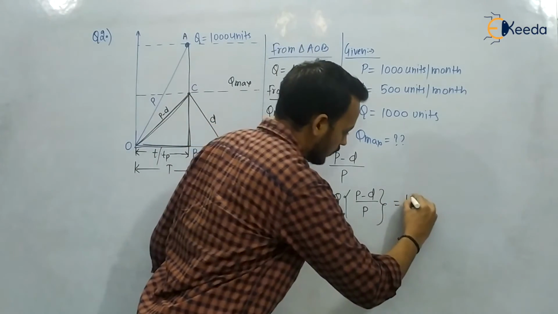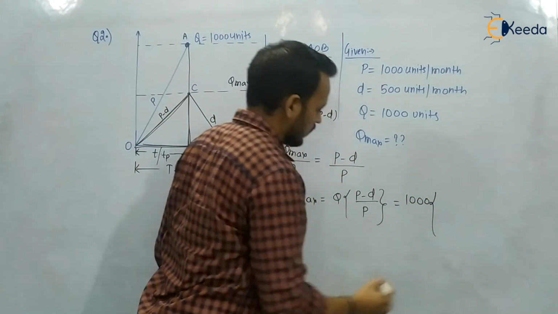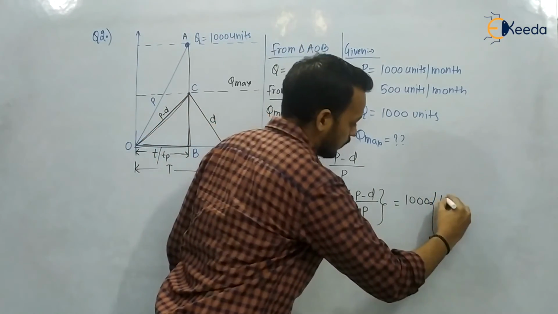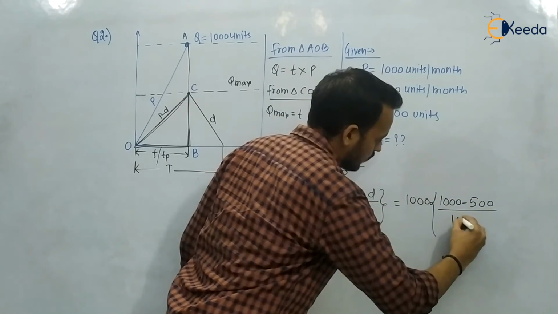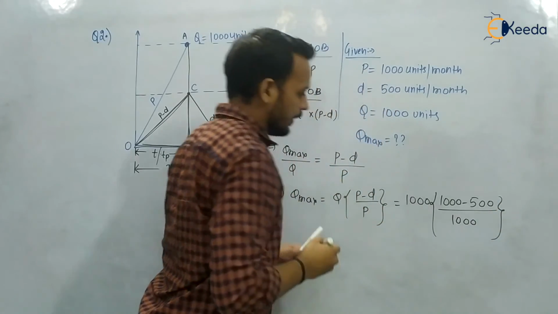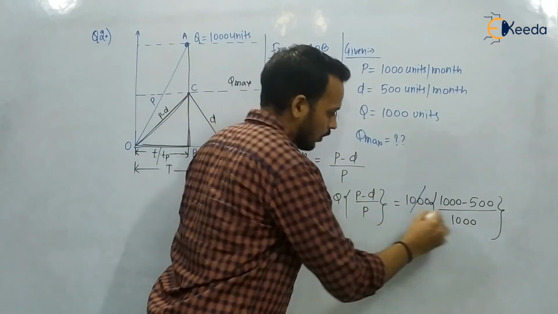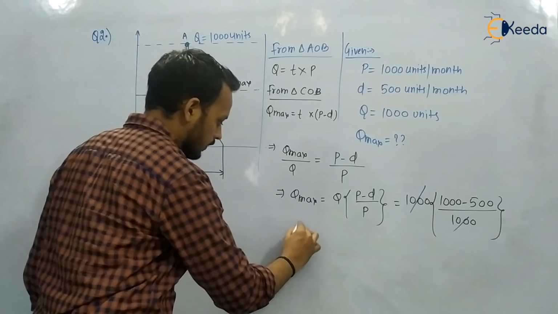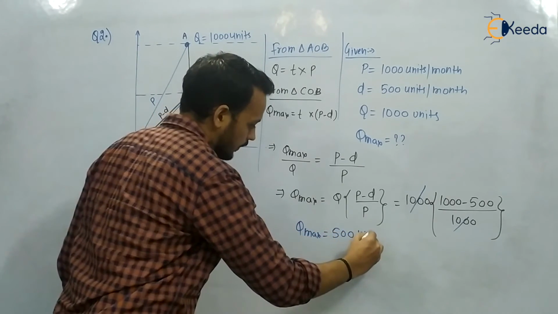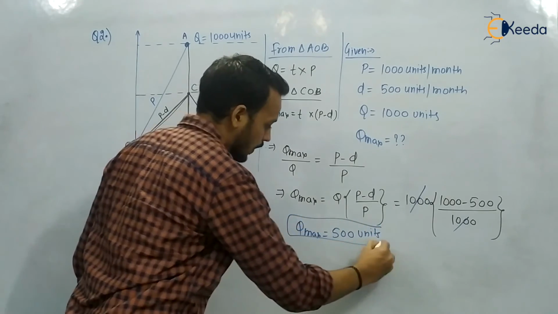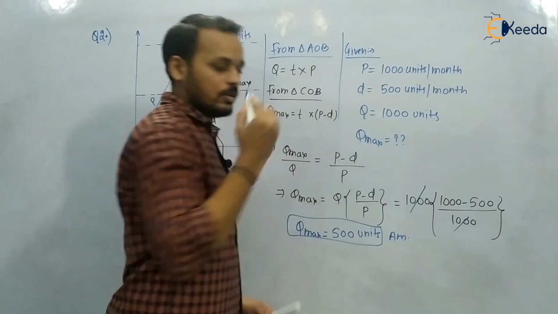Q is 1000, P is 1000, D is 500, and again P is 1000. So 1000 and 1000 will get cancelled out. So Q max we will get is 500 units. So one of the options is 500. So this is the answer.